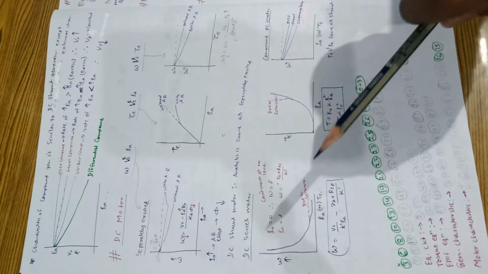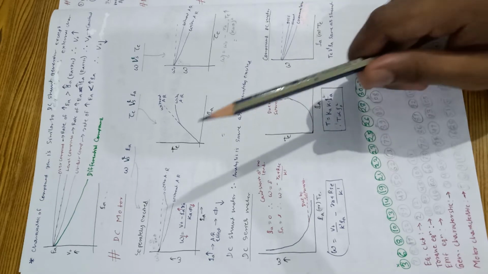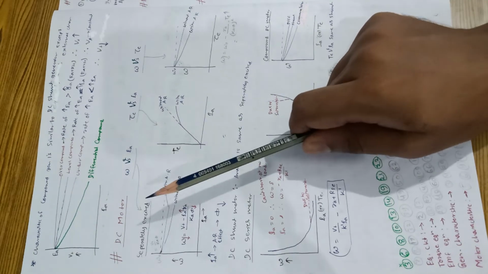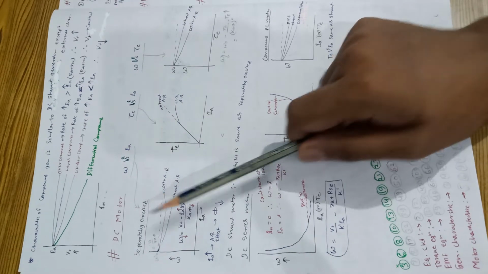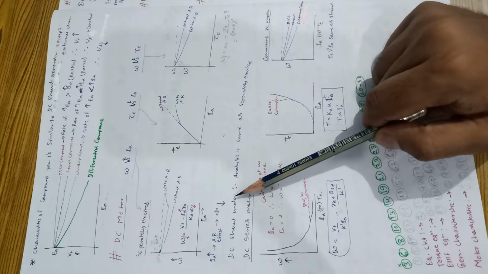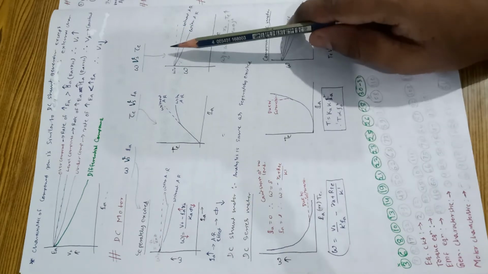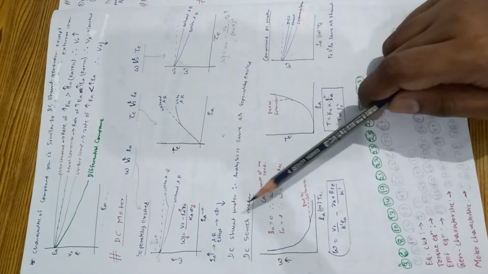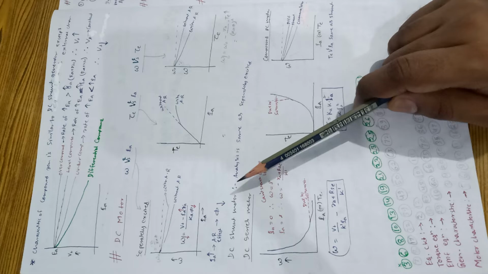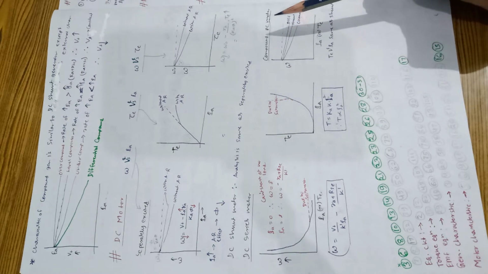Remember one most important point: for the separately excited motor and the shunt motor, the characteristic remains the same. We have different characteristics for the DC series motor and for the DC compound motor.